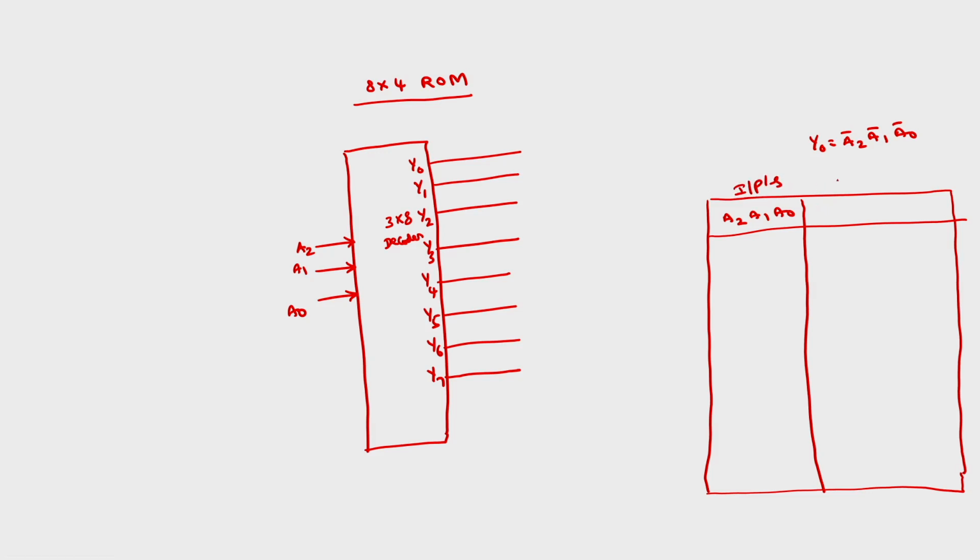Truth table represents the relation between the inputs and outputs, Y7, Y6, Y5, so on up to Y4, Y3, Y2, Y1, Y0.